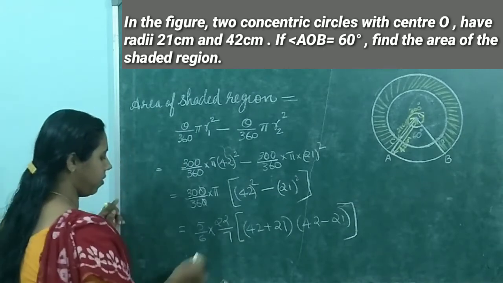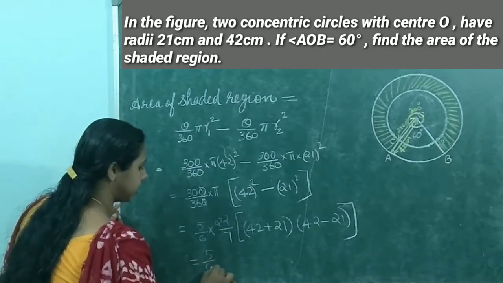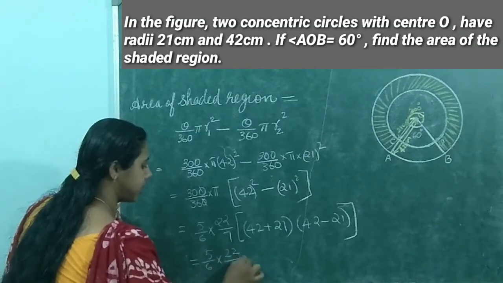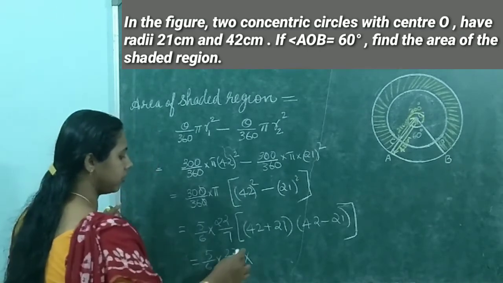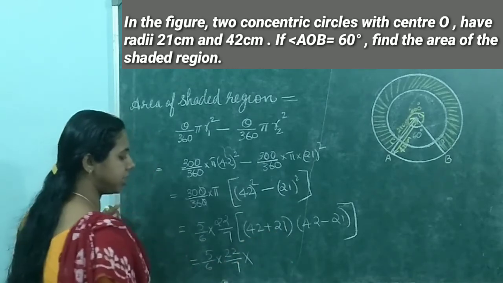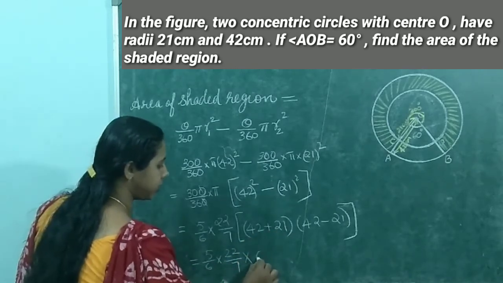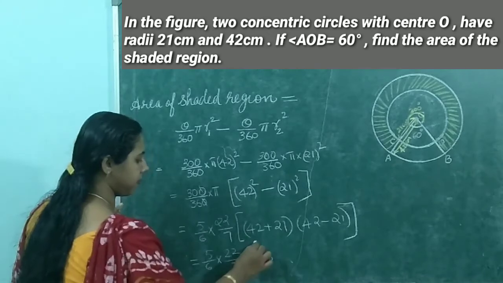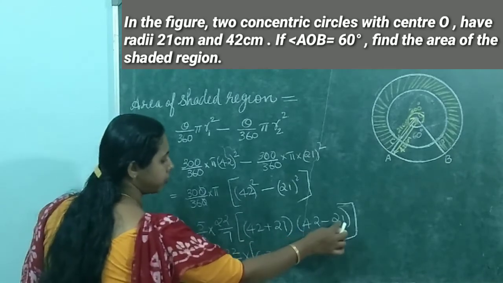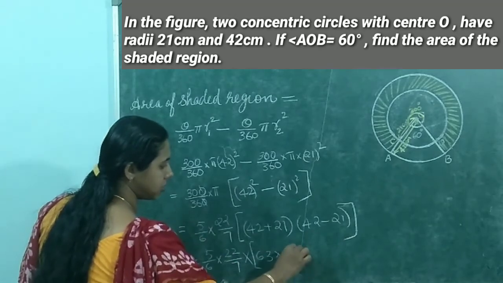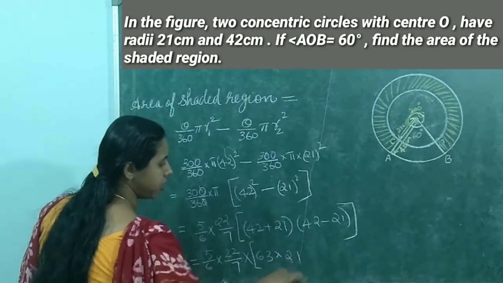So 5 by 6 into 22 by 7 into 42 plus 21, that is equal to 63, into 42 minus 21, that is equal to 21.